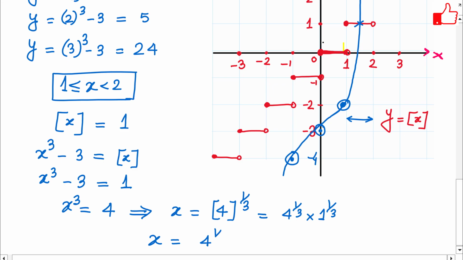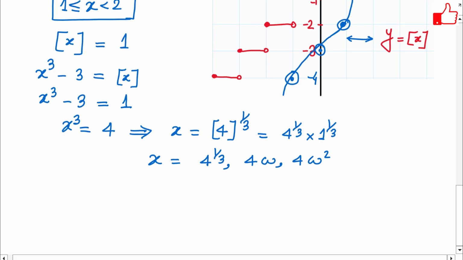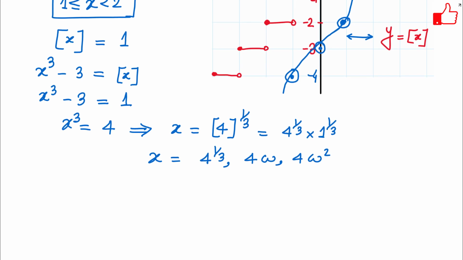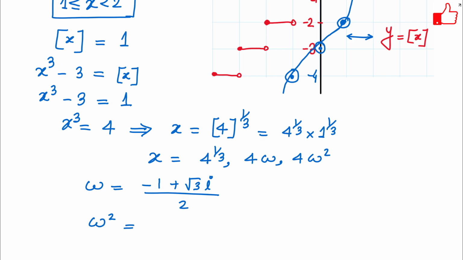The first solution will be 4 raised to the power 1 by 3, another solution will be 4 omega, and the third solution will be 4 omega square. Here omega is a complex number: omega is minus 1 plus root 3i divided by 2, and omega square equals minus 1 minus root 3i divided by 2.